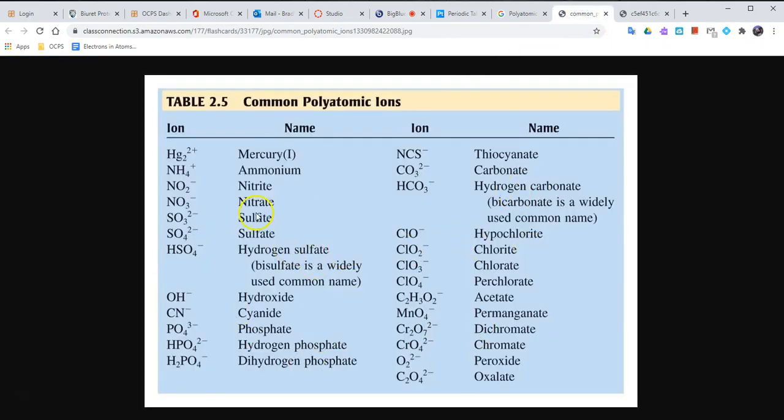Now some of you might have some issues memorizing it, but one thing that might help is that whenever it's an "ate," that means it's automatically going to be the one with the most oxygens. So for instance, sulfate has 4, sulfite has 3. And that's just one little trick that I like to use to help us memorize it.